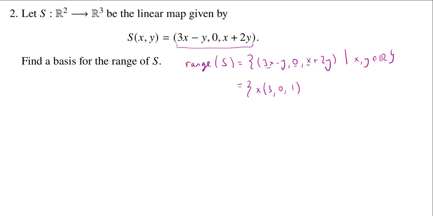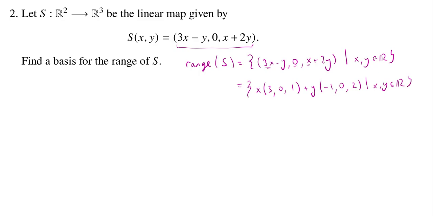Well, it's not exactly what I want. I need some y's too. So let's pull a y out. I see that's in the first and third component as well. And so I'll put here -1, because this was negative y, 0, and 2, because we had 2y. And again, x and y are any real numbers.